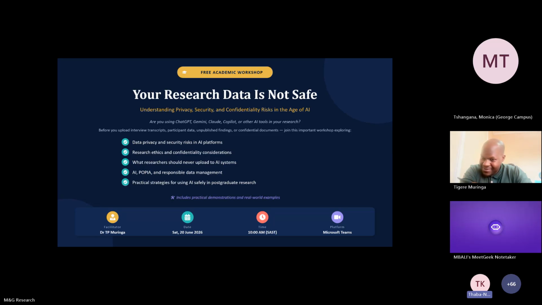It means we have been using these platforms and we did not know what to put and what not to put. So some of us have made terrible mistakes. Data has been put in this system. If somebody needs to trace it, under POPIA, people will sue us. We are going to cause trouble.